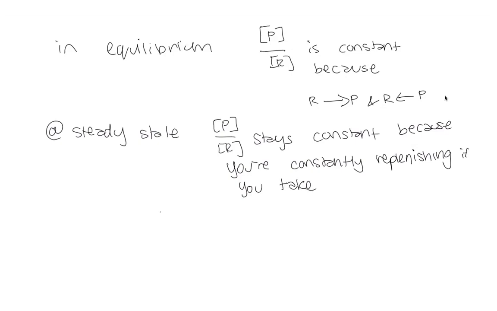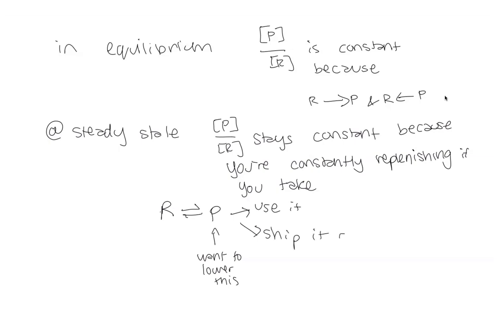So for example, if we had this pathway where we had our reactants and the products, and we want to lower this, there's a couple ways. We could either use it or we could ship it out. And we'll see both of these strategies used.